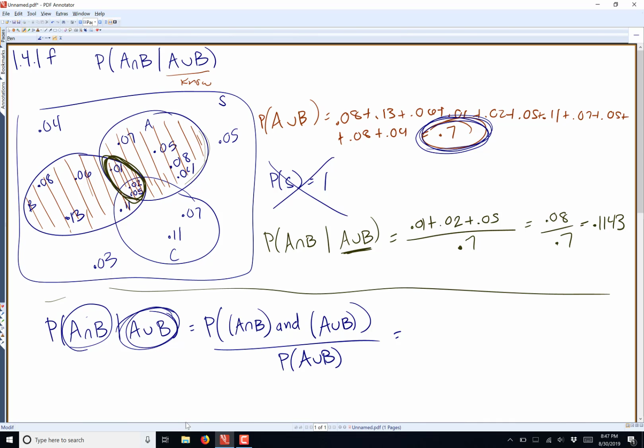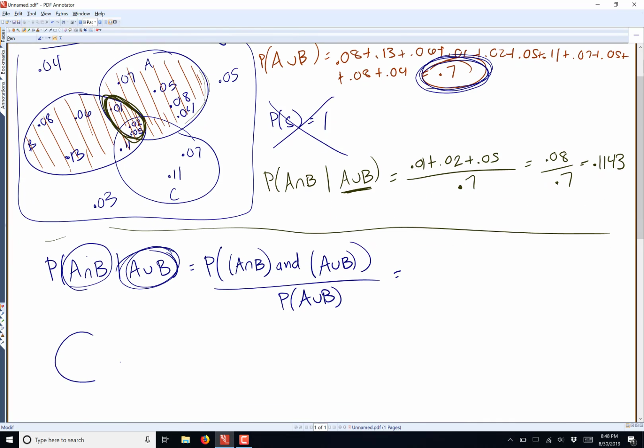For that, let's sketch another little picture. Here's A, here's B, and we want to figure out where A and B and A union B intersect. Well, A and B would only be this little piece here. A union B is everything. So where did those two things intersect? Right back here at the intersection.